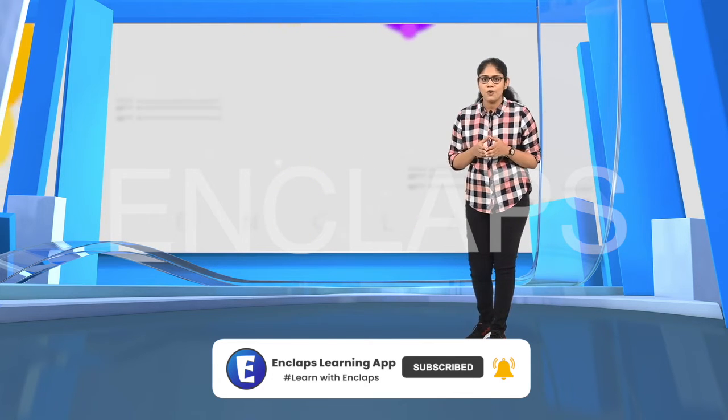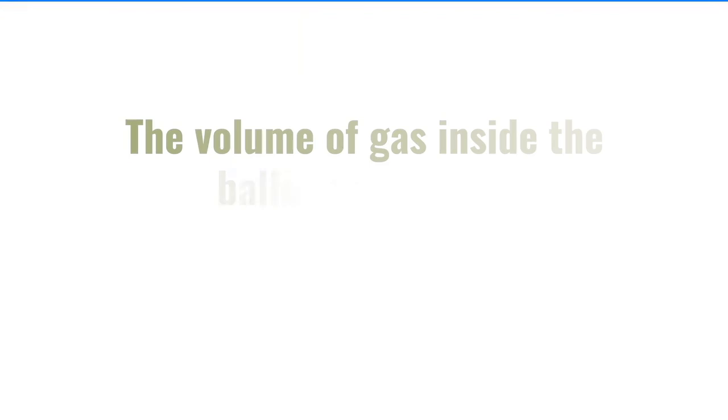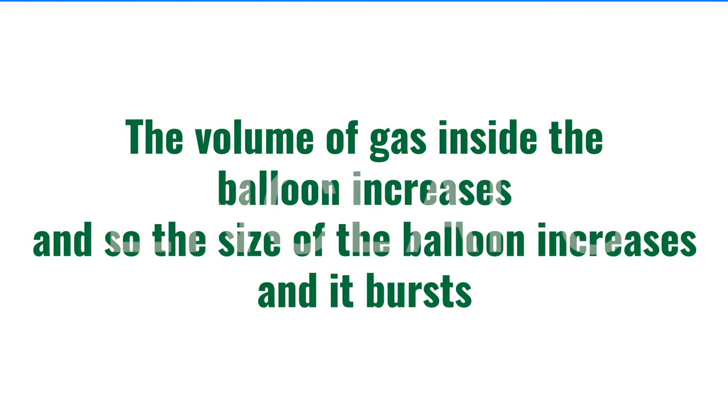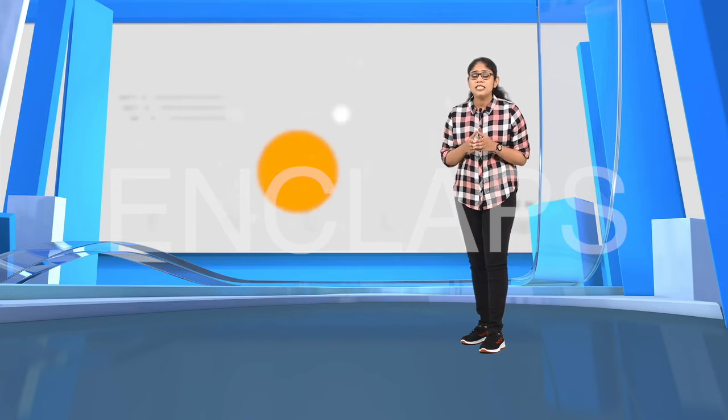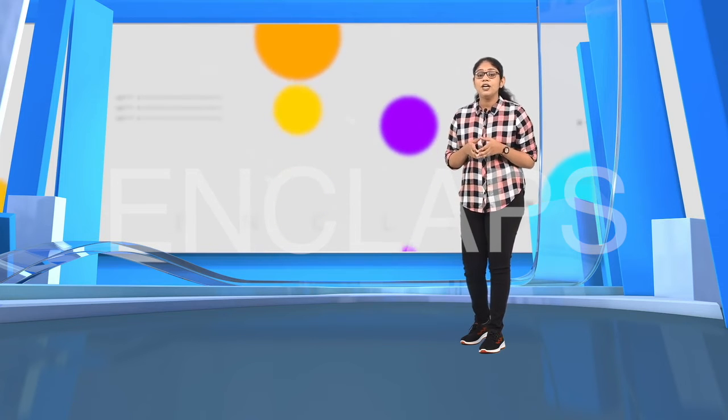Based on Charles' law, can you explain the situations given? The volume of the gas inside the balloon increases and so the size of the balloon increases and it bursts. Like this, there are certain situations in our daily life where we can observe Charles' law.